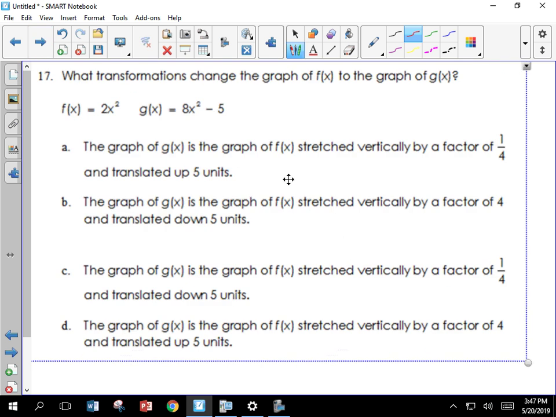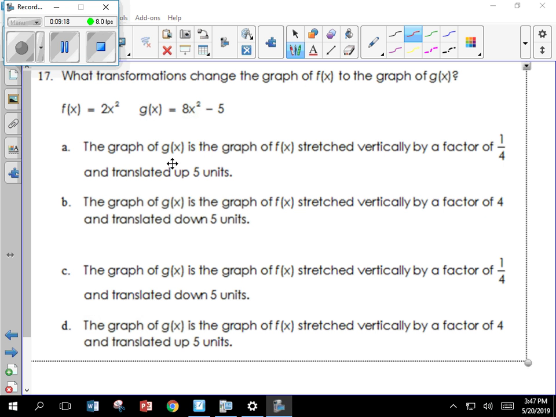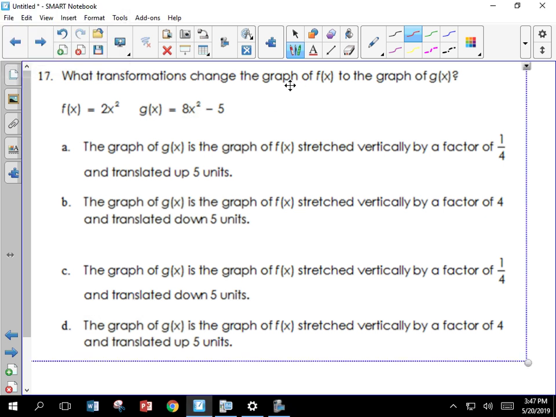All right, number 17. Now looking at the transformation, you're just looking at the two different equations. So what first changed? Well, this graph only has a 2x squared. This one all of a sudden has a -5.